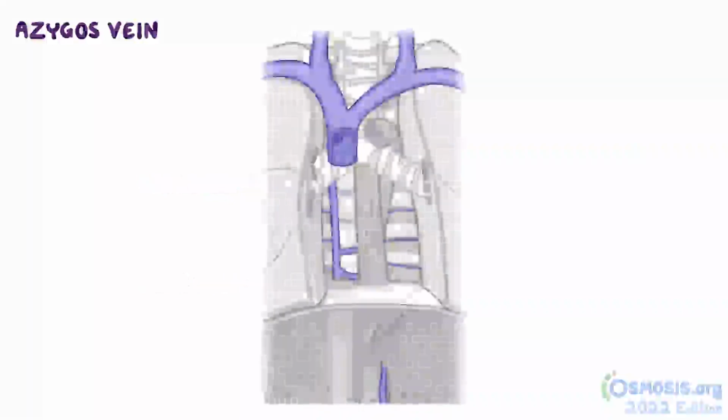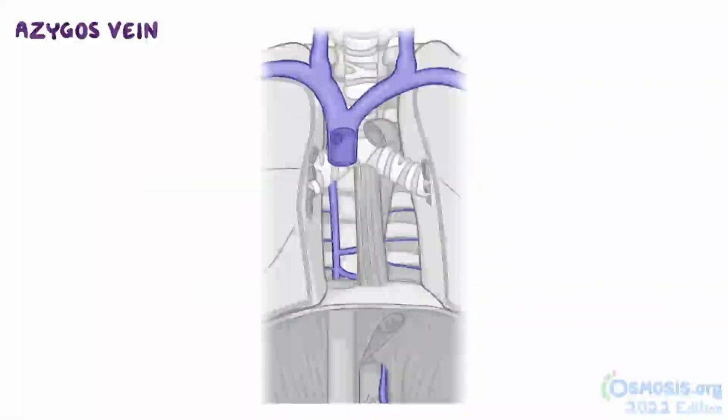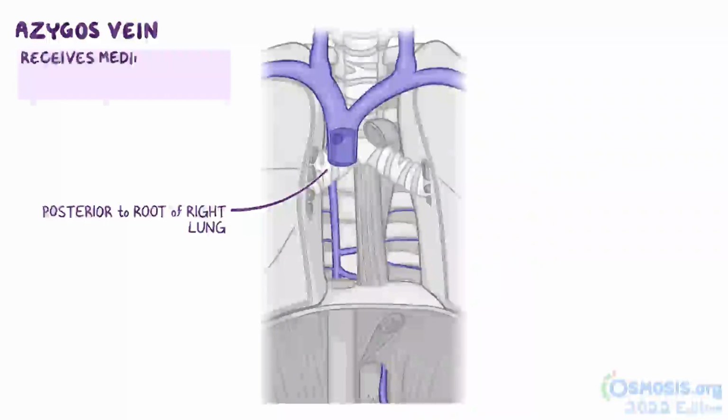In the posterior mediastinum, the azygous vein passes close to the right side of the bodies of the inferior 8 thoracic vertebrae, posterior to the root of the right lung. Then it arches over the superior aspect of the root of the right lung to join the superior vena cava. The azygous vein also receives the mediastinal, esophageal, and bronchial veins.